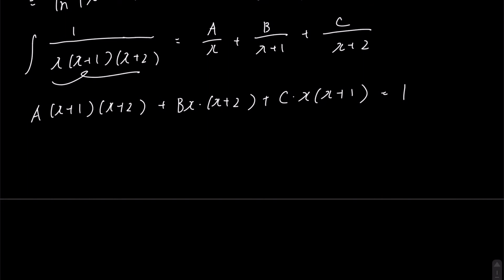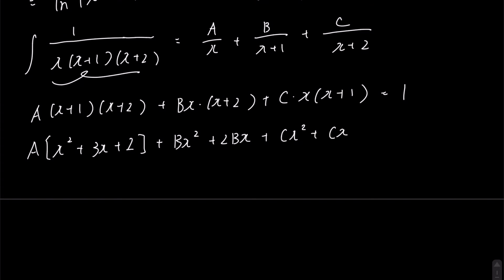So a times x squared plus 3x plus 2, plus bx squared plus 2bx plus cx squared plus cx equals 1.